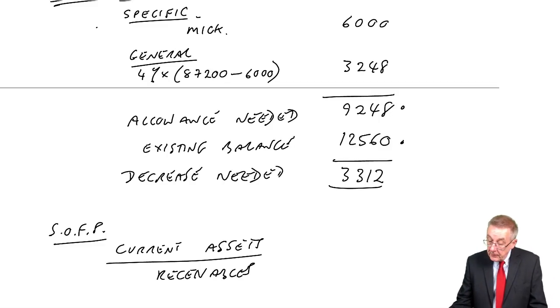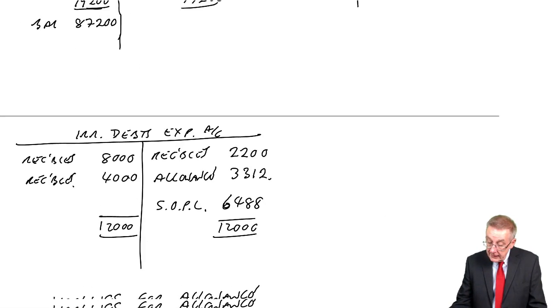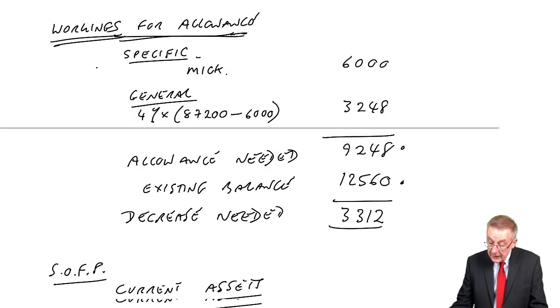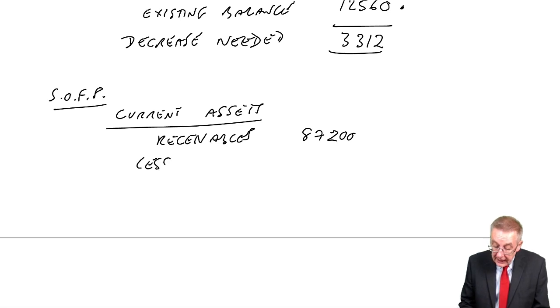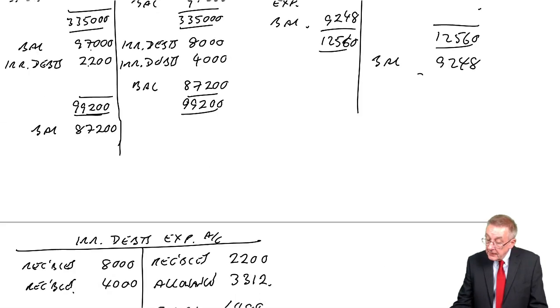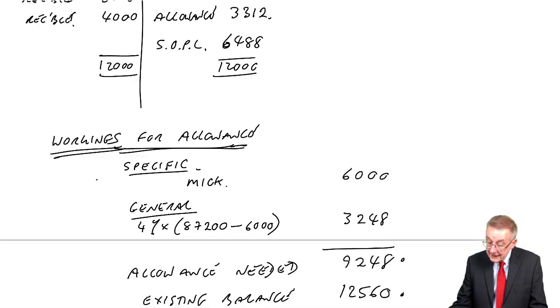Receivables, the balance on the receivables account is 87,200, less the allowance for receivables. The balance on the allowance account ended up at 9,248.